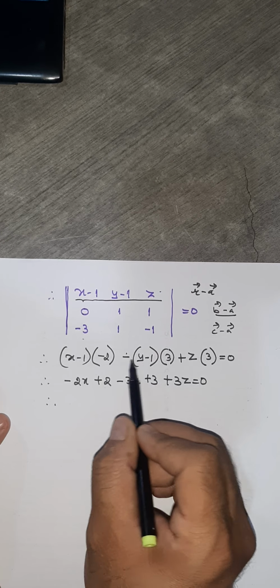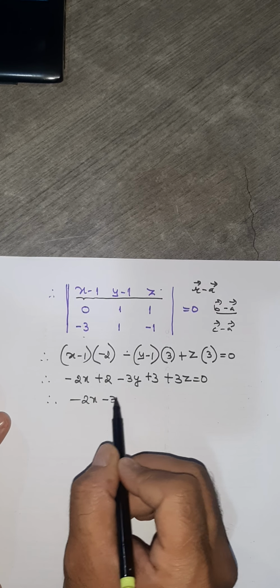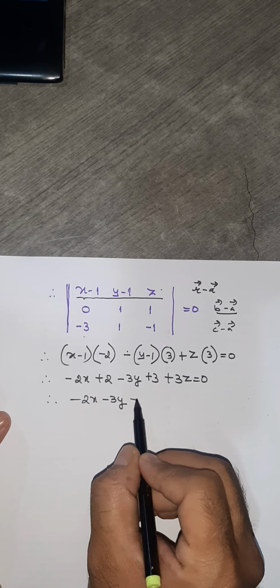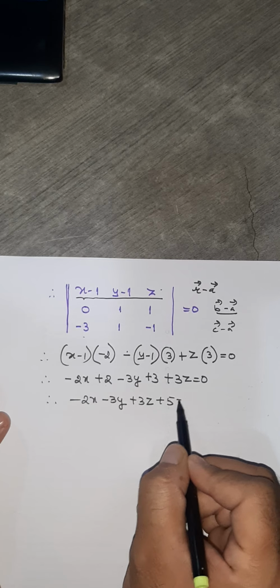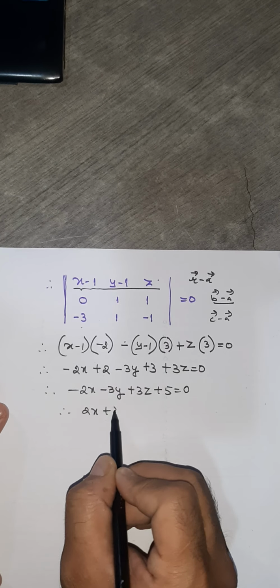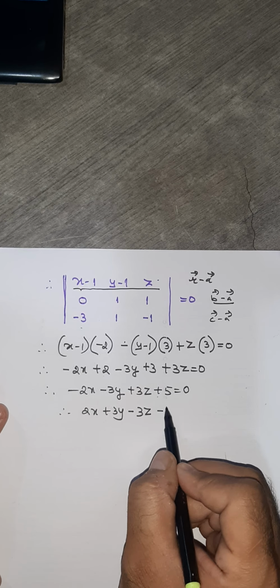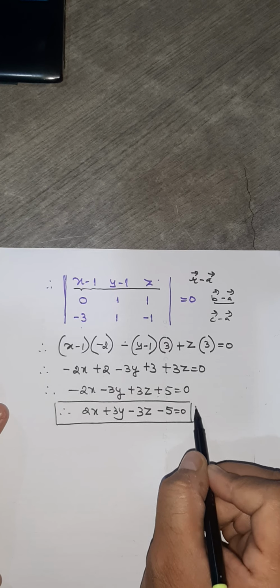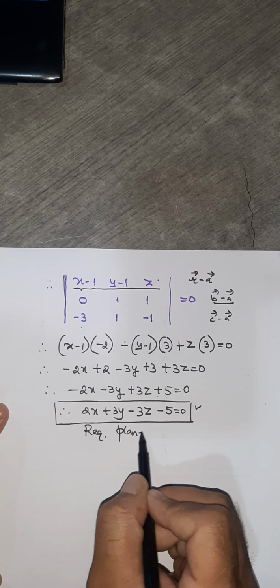Sorry, this will be plus 3 once you open the bracket. So you have minus 2x minus 3y plus 3z plus y equals 0. You can just take minus common, so I'll get 2x plus 3y minus 3z minus 5 equals 0. This is the required plane, which passes through the given 3 points.